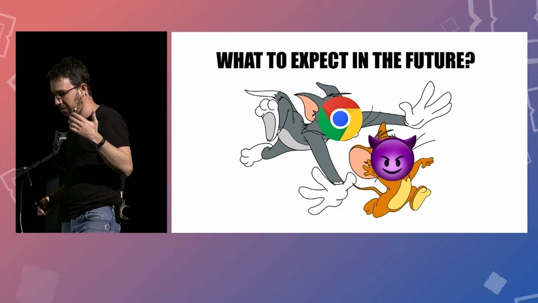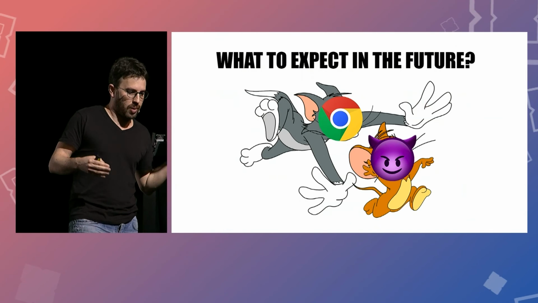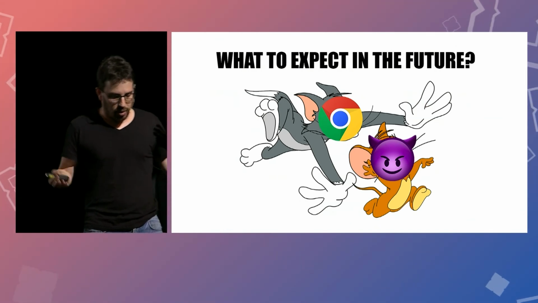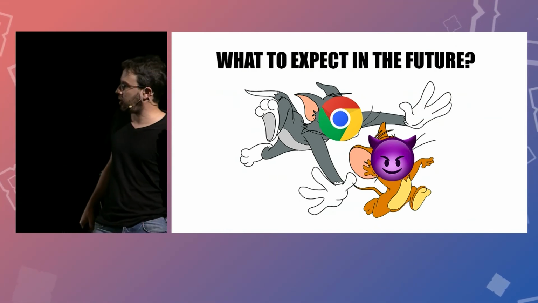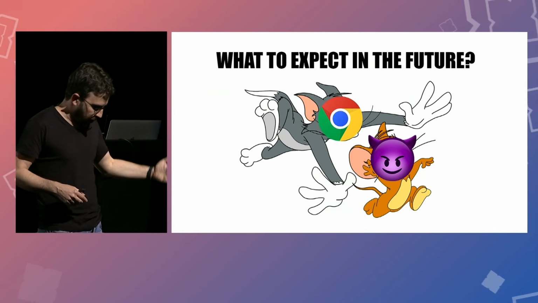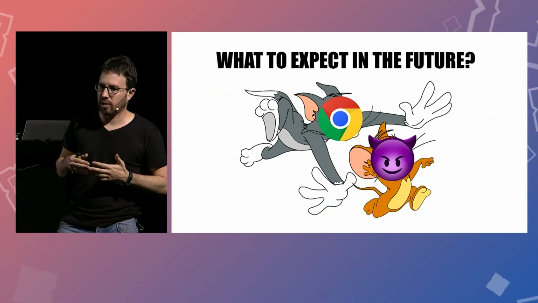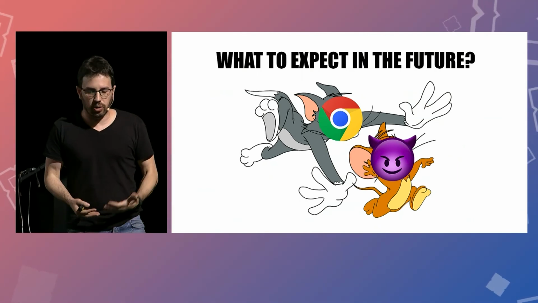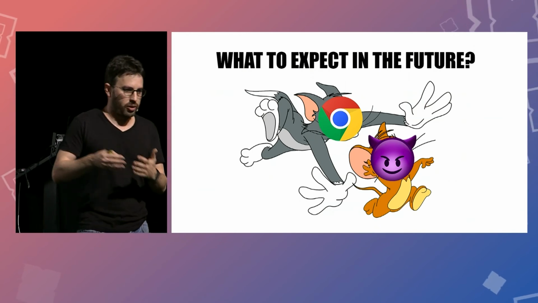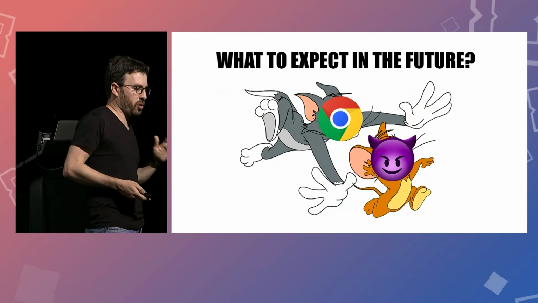So this is not going to end any time soon. It's going to be an endless race of a cat and a mouse. The hackers will try to find more and more ways to hack extensions and push malicious code, and Google will find more ways to close these gaps. So it's not going to end in the near future.